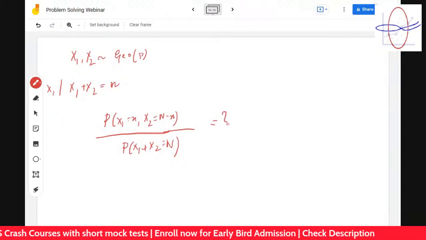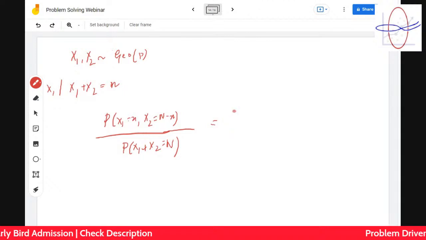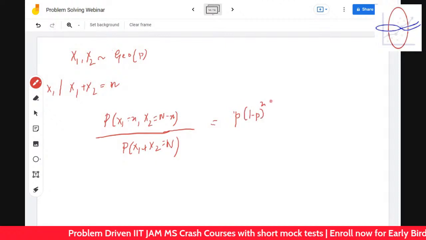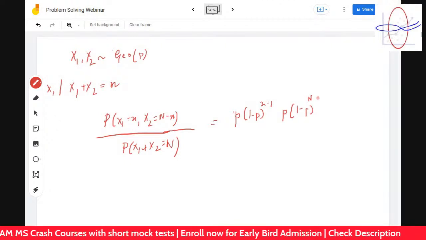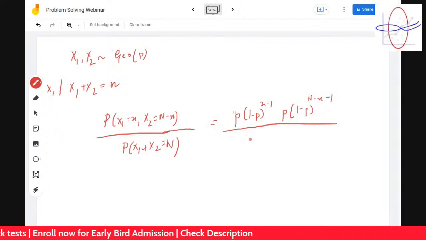You find it out after the class. It's easy actually. Okay, I will do it. P to the power x into 1 minus p whole to the power x minus 1, and here it's p into 1 minus p whole to the power n minus x minus 1, by x1 plus x2 is equal to n.